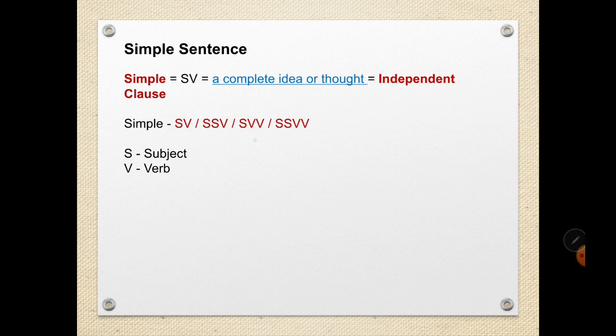And then you have SVV. It basically means that you have one subject, but you have two verbs. A subject and two verbs, meaning the same subject is doing two things. There are two actions being done by the same subject. And the last one is SSVV.